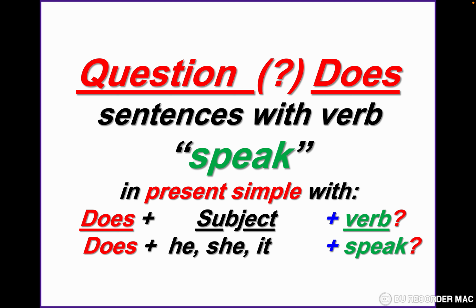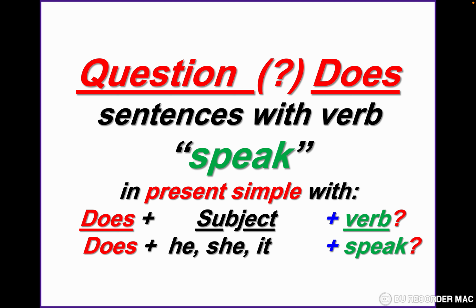In the question form, with he, she, it, we ask with the word does. Does he speak? If you write "does he speaks," it's not correct. So in the negative form and in the question form, the verb doesn't take an s. Does he speak? Does she speak?